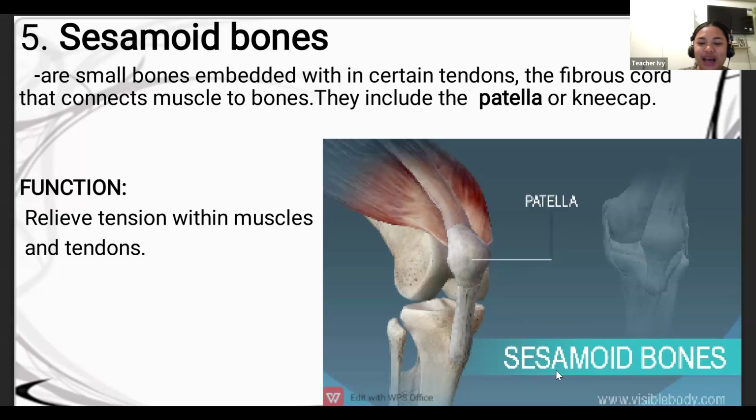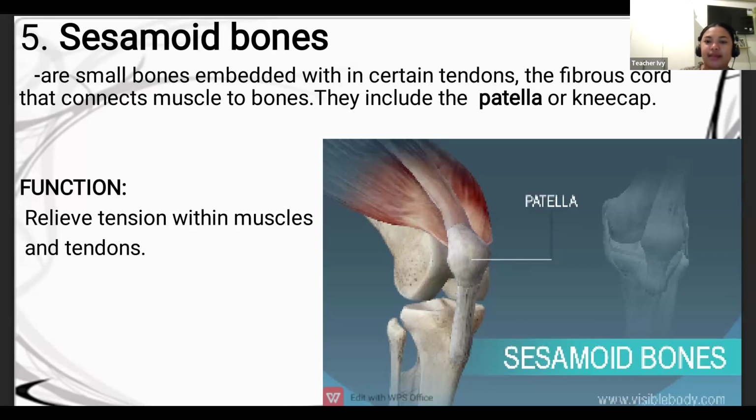What about Shicha? Shicha, what type of connective tissue attaches bone to bone? I think ligament. Okay, ligament. Yes, correct. Very good.